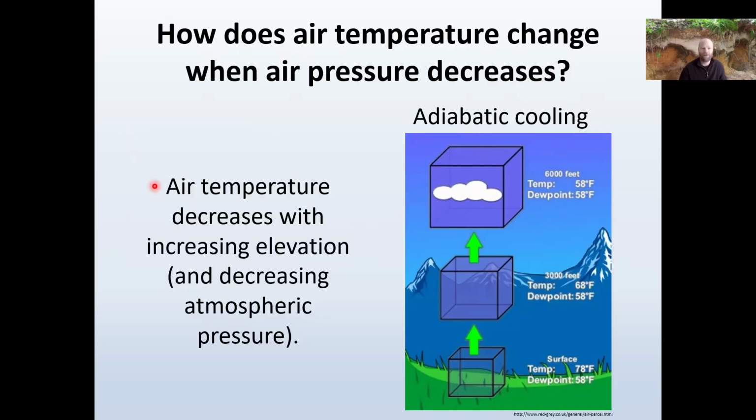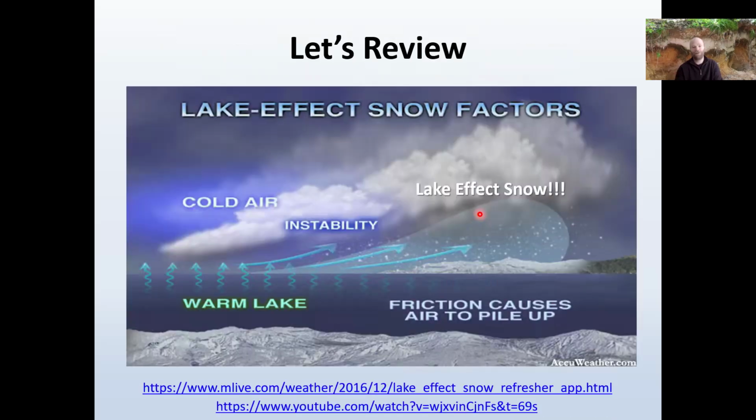And so as air temperature decreases with increasing elevation, we then expect that air parcel to hold more or less moisture. Less moisture, because as temperatures cool down, cold air holds less and less moisture than warm air.